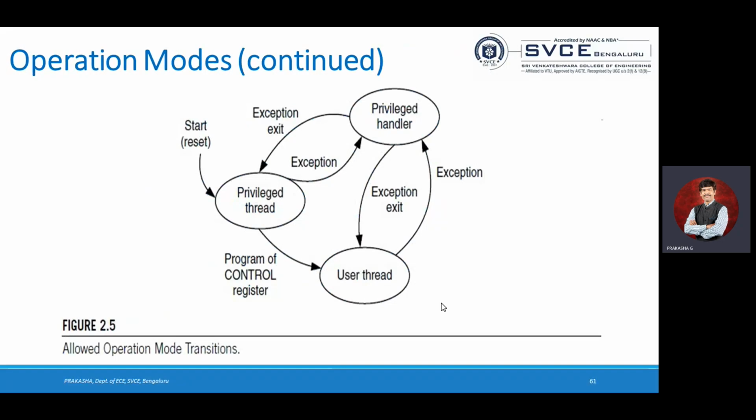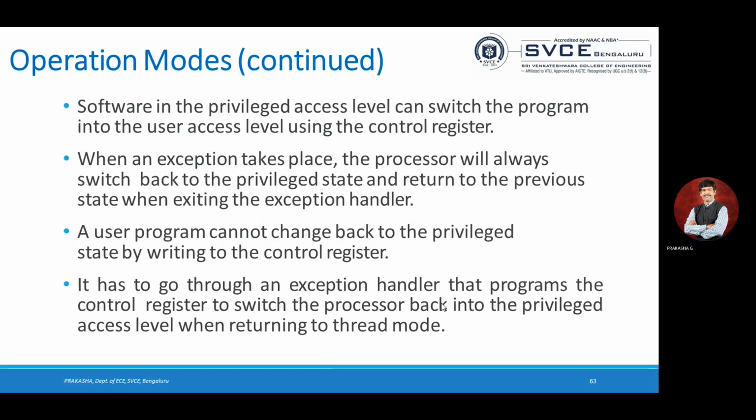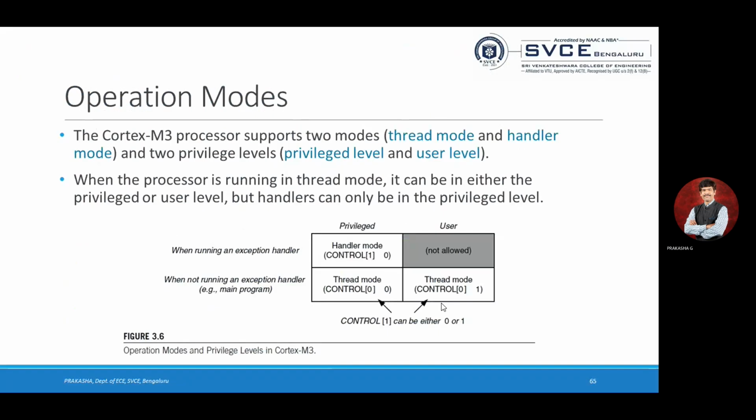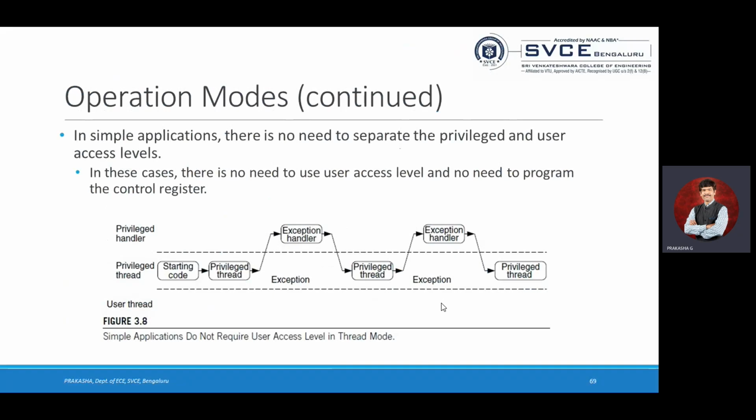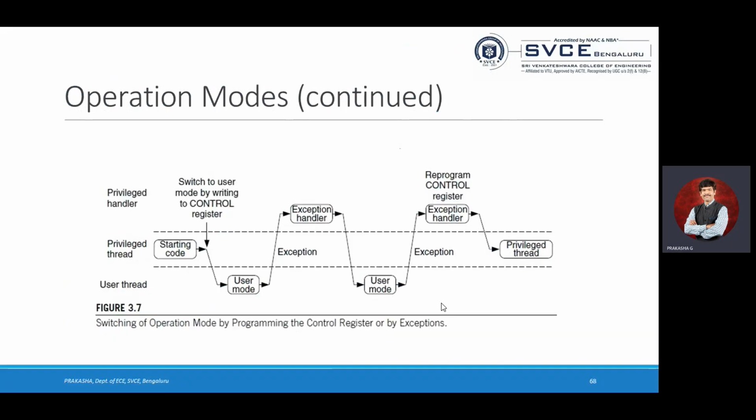You should know how exactly they deal with each other. You have to write all these things for this exam question. If it is privileged handler, privileged thread and user thread, how it's going to move, you should explain that step by step.